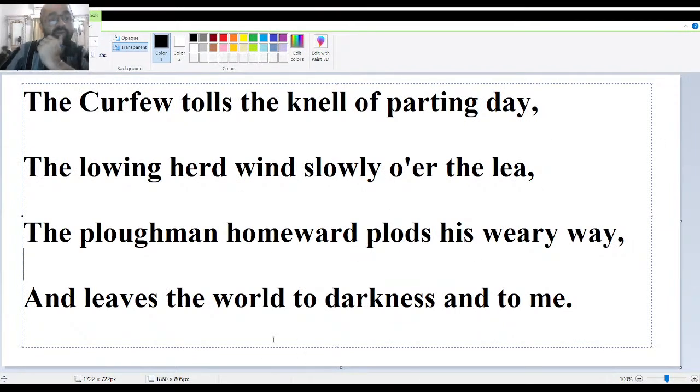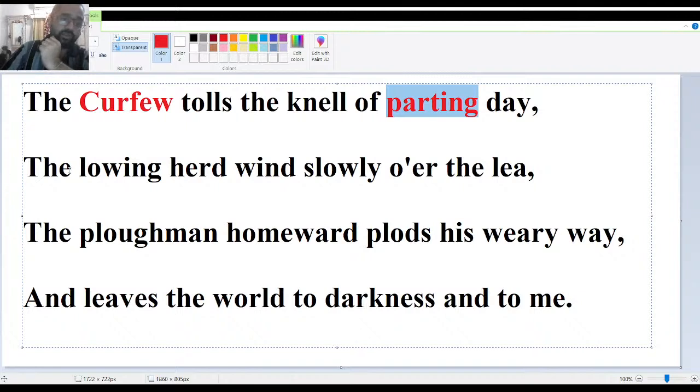So the first step involves identifying words which have more than one syllable, multisyllabic words. So the first multisyllabic word in the first line is curfew. Let's isolate those words first, and then we will move on to the next step. You also have parting.